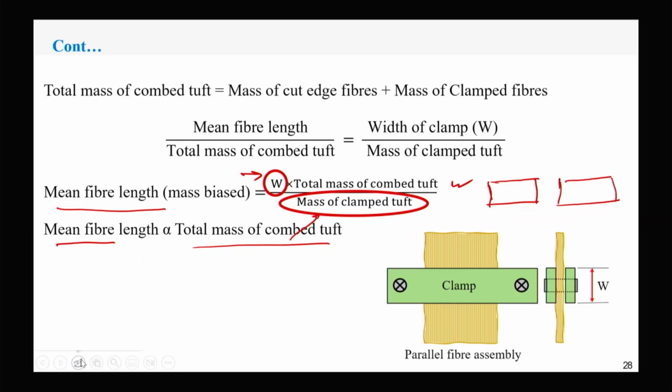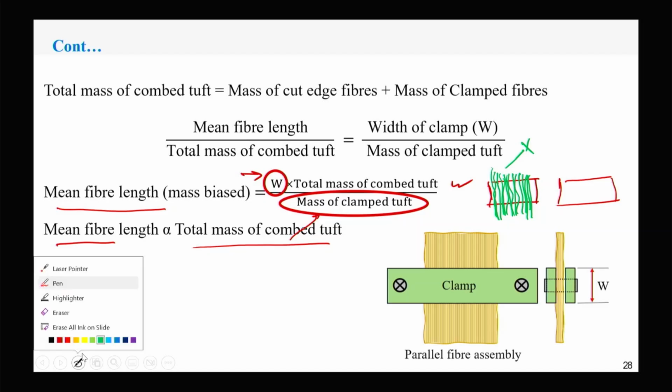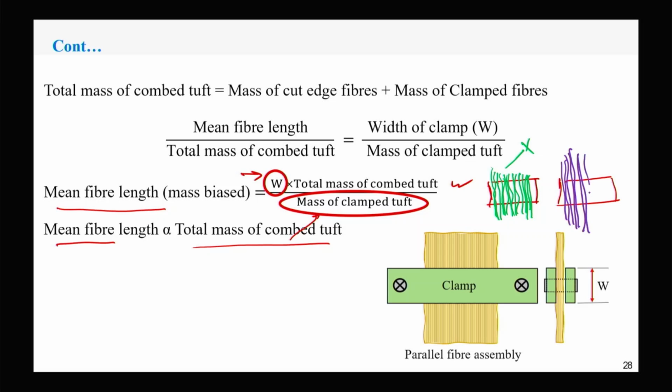Fiber 1, they are arranged in the same fashion, number of fibers say X. Now for the other fiber, the same X number of fibers we are clamping, considering the fibers are of the same micronaire, same number of fibers.